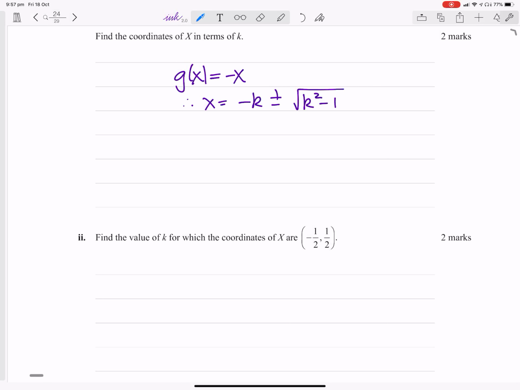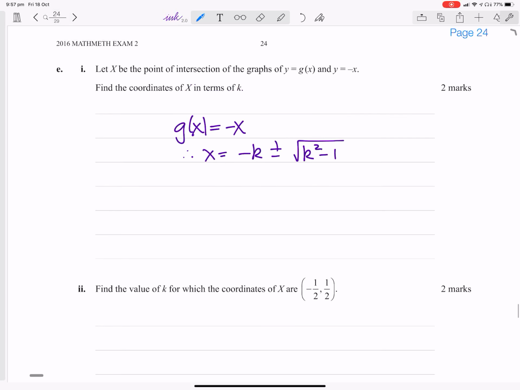Now, which do we want it to be, the negative or the positive? What's the domain?